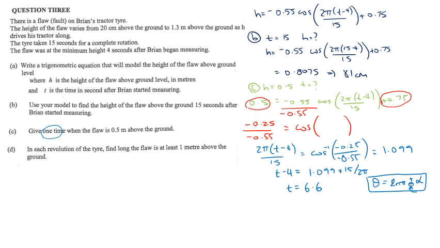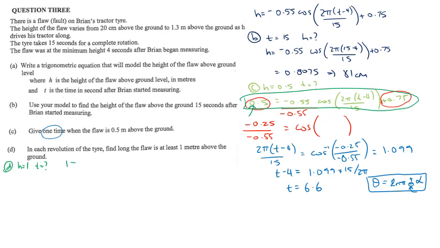And the last question, we're talking about each revolution staying at least a meter off the ground. So in other words, we've got to do exactly the same thing. When is h 1? This time we have to find 2 t's. I'm solving the same formula as I did up here, except that 0.5 is going to become 1.